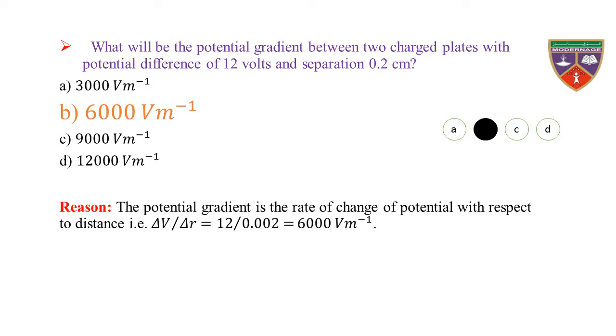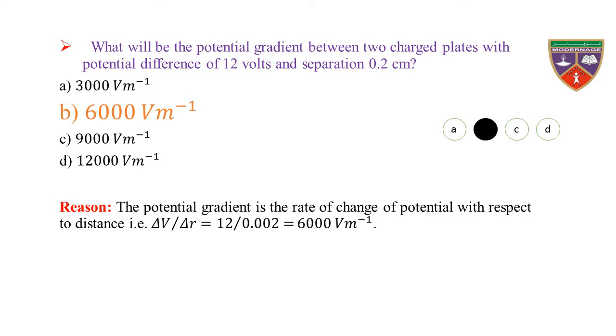Reason. The potential gradient is the rate of change of potential with respect to distance, that is delta V over delta R, which is equal to 12 divided by 0.002, where 12 is the potential difference, volts, and 0.002 is in meter the separation.